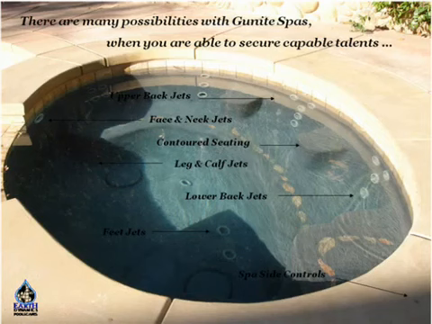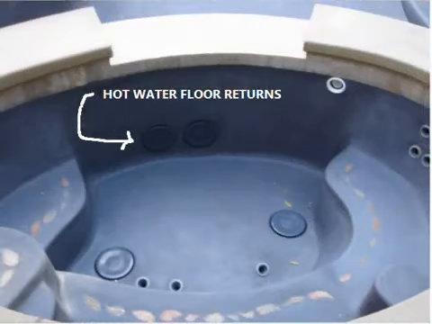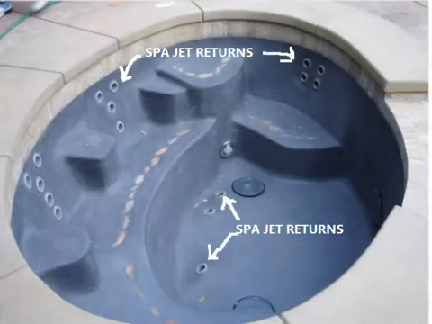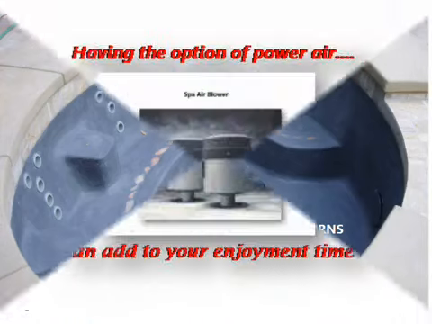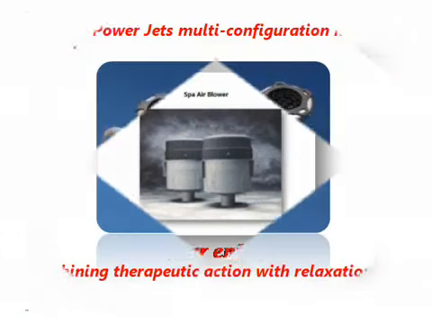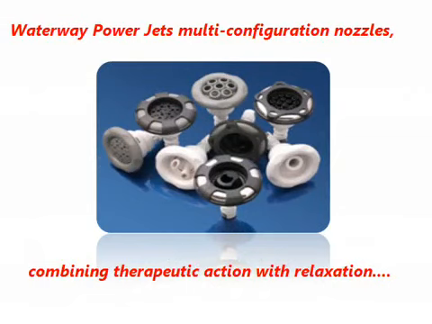First, hot water flow returns, where the water is heated and is directed to the bottom of the spa via an independent return line. Second, the spa jet return, where the spa jets are plumbed directly to the dedicated large diameter return line. And third, the air blower, which has an independent power on-off capability to force air through the jets.